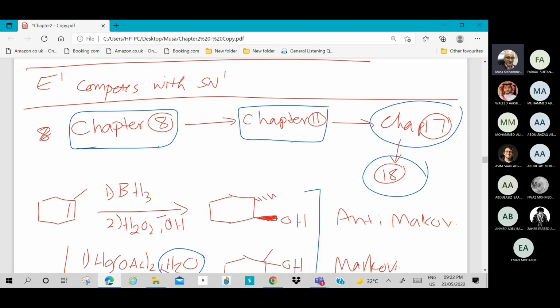But of course chapter 9 is not crucial to understand the chapters that are coming later. Now in order to understand 17, you need a combination of 8 and 11. And then if you have 8, 11 and 17, you can move smoothly to chapter 18. It might take you only 1 or 2 hours. You will not struggle. But if you go directly to 17 and 18 and you already forgot chapter 8, you will be in trouble. Okay?